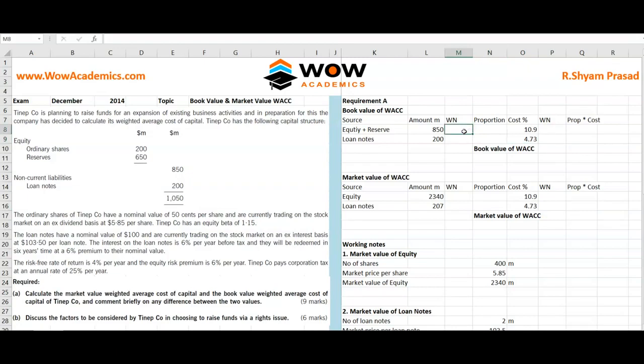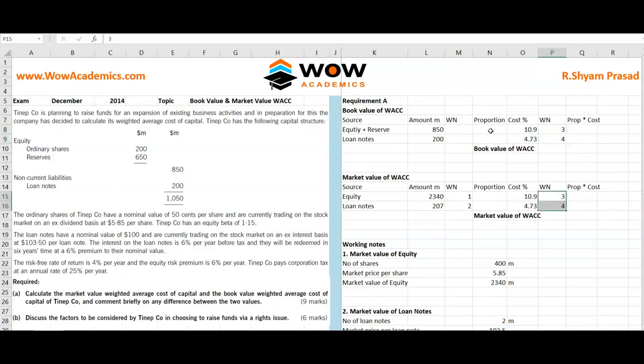So this is working note 1. This was working note 2. Sorry, for these we don't have working notes. So working note 1 was for this, working note 2 was for this, 3 was for this, and 4 was for this. So we got the working note numbers and we have entered them.